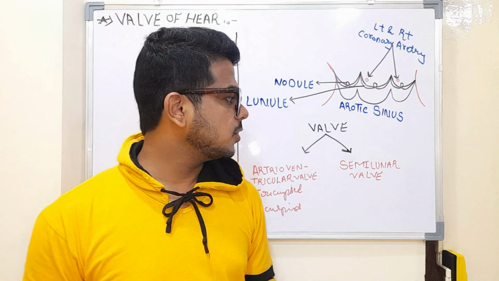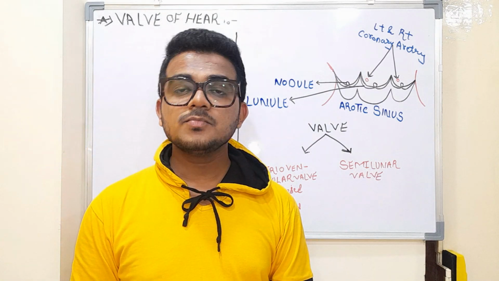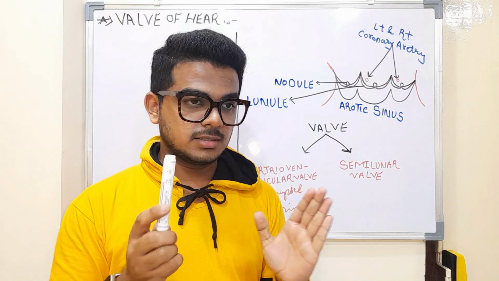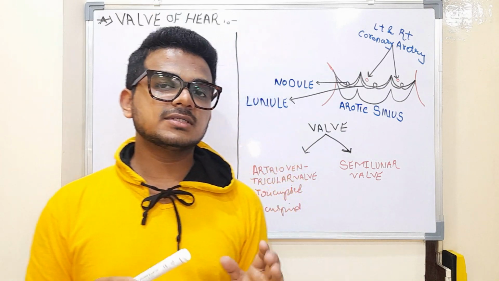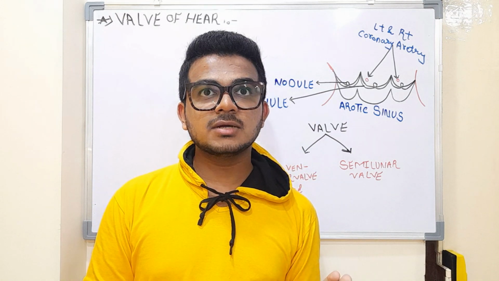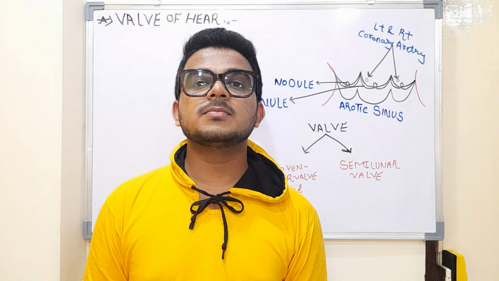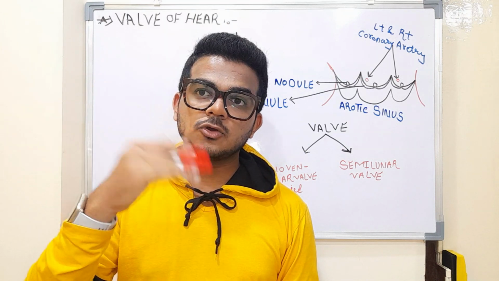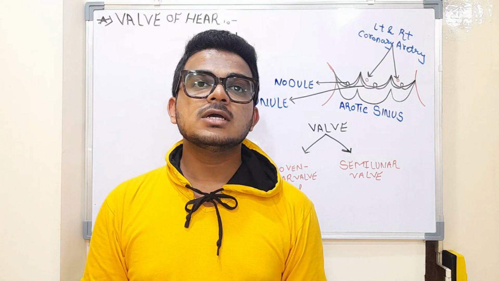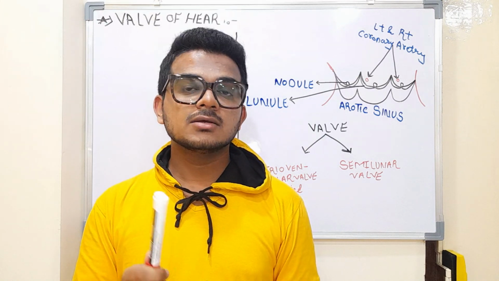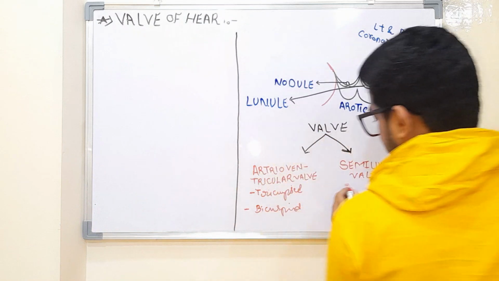The second point is the semilunar valve. First we will see the right ventricle. When the right ventricle pumps blood to the lungs for purification through the pulmonary trunk, to prevent backflow there is the pulmonary semilunar valve.